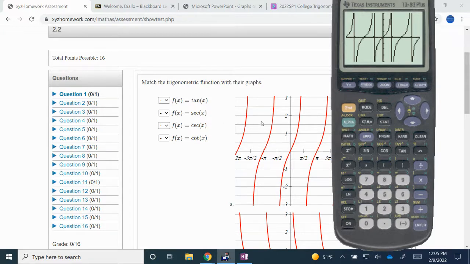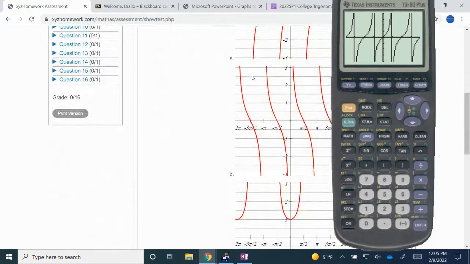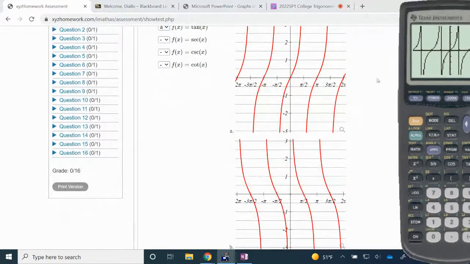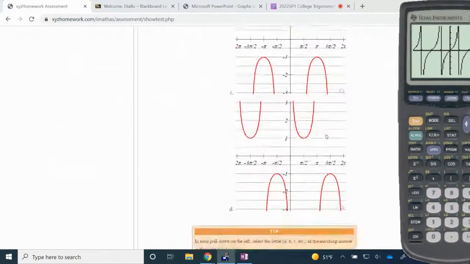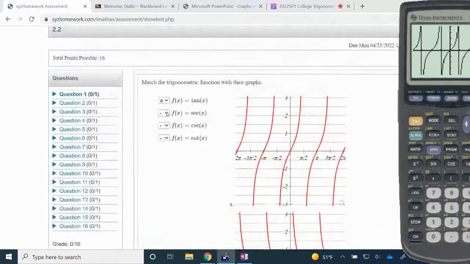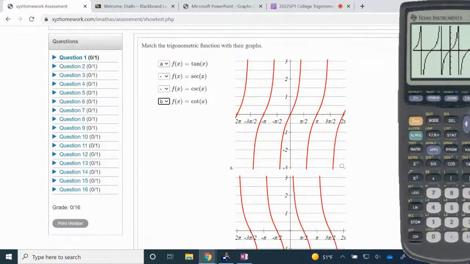All right, so we can match up A as the tangent curve. If we look at B, I believe that would be the cotangent curve.